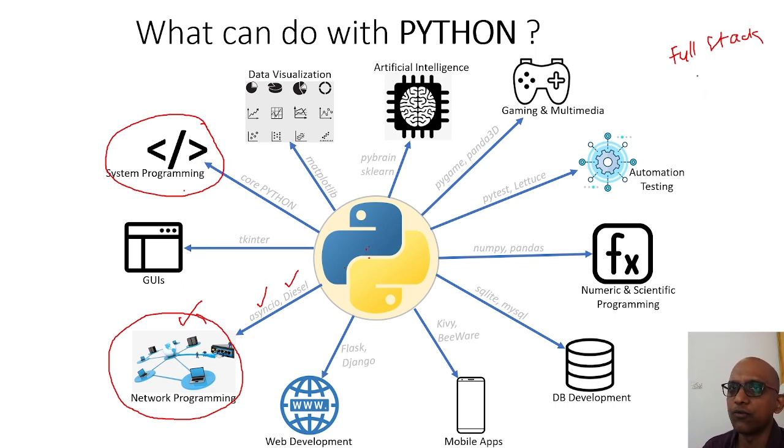After 10 years or 15 years, if you are getting bored with Python full stack jobs like web development, anytime you can switch your job from full stack development to networking development. All you need to do is learn only these two libraries. Python you already know very well, you already have good experience of 10 years in Python, and all you need to learn is the Essensio and Diesel frameworks.